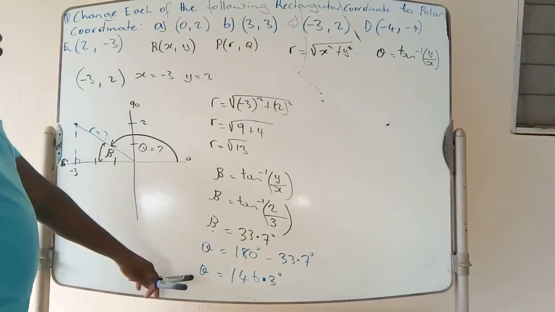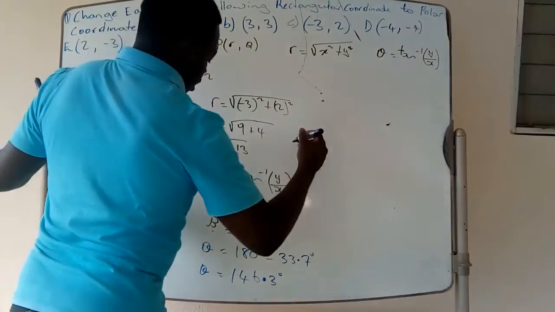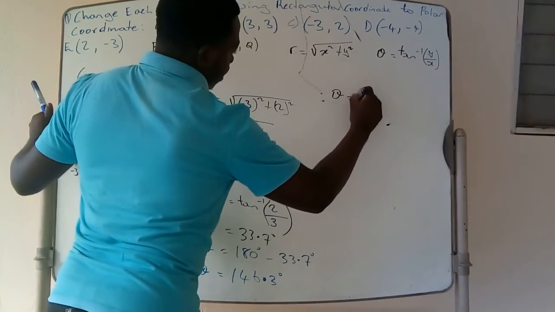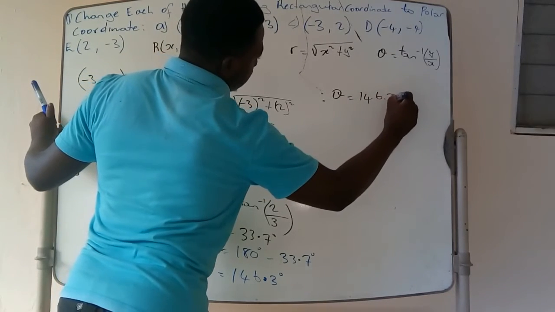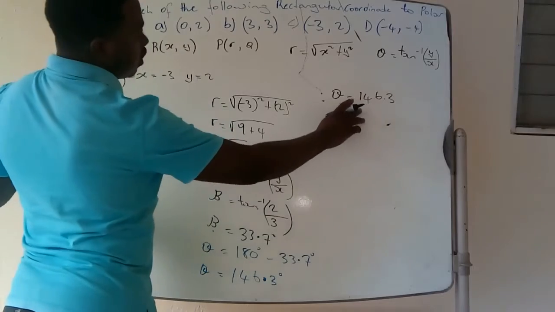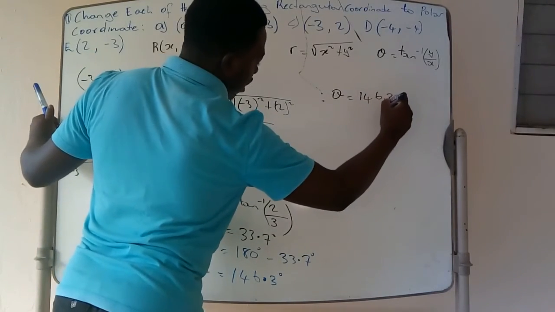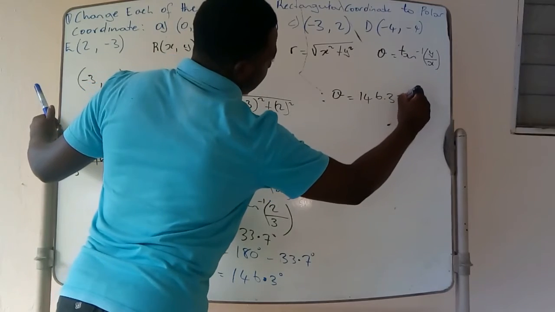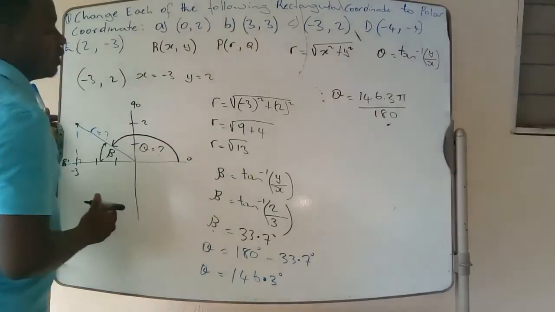But remember, we want theta in radian. So here, theta is just equal to 146.3, and to convert this, just multiply by pi over 180, so this is just 146.3 pi all over 180. So that's the angle in radian.